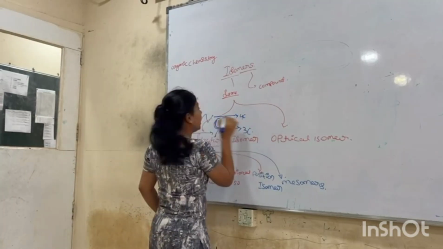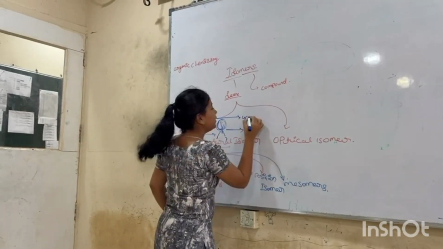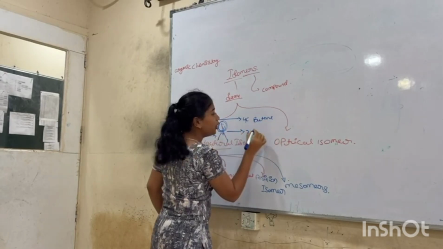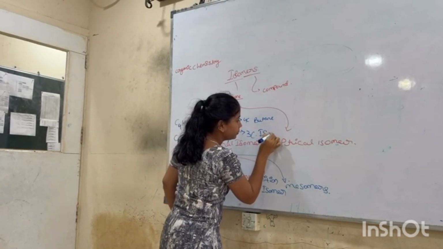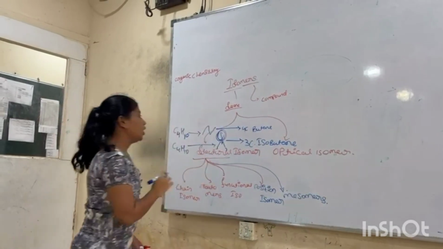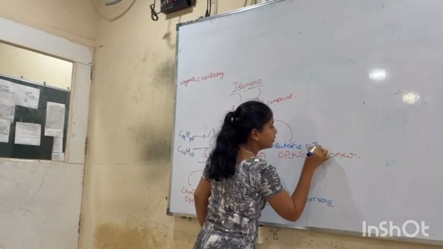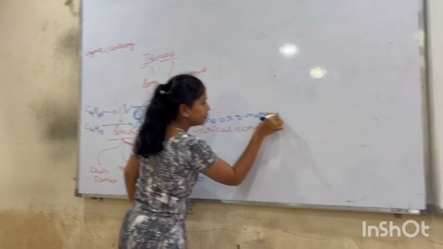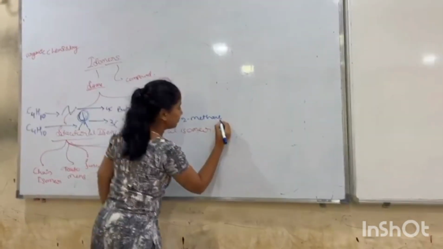This compound name is butane. This compound name is isobutane. Or 2-methylpropane.